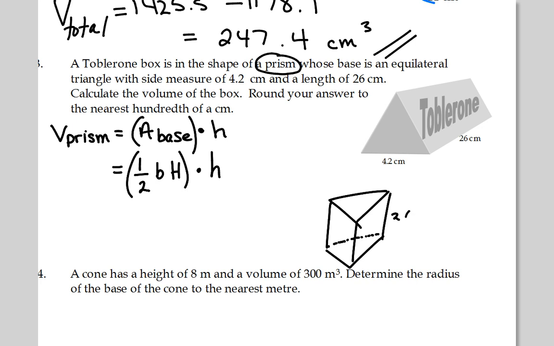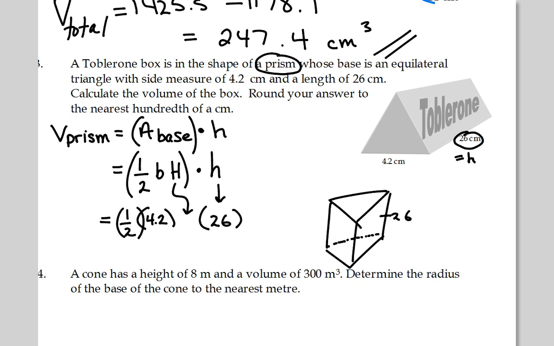Good. This 26, if you put it on edge, this is the lowercase h. So that's 26, the lowercase h. What's the base of that triangle? 4.2? So what's the only thing that we need to calculate or figure out, what is this h here?